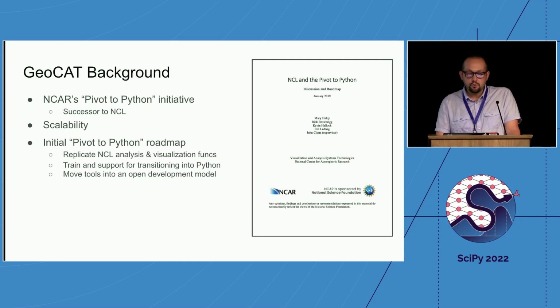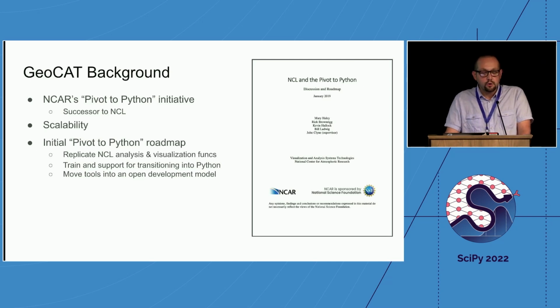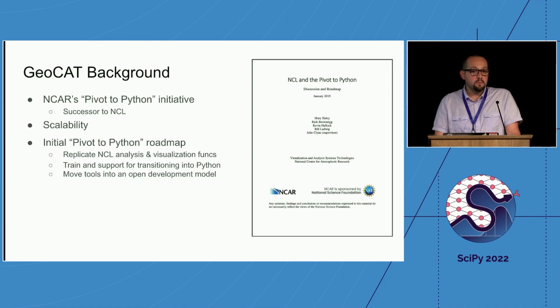And also to train and support mostly the NCL users, but in general, the geoscientists who would like to transition into Python in an easier way, and move tools into an open development model where community involvement is significant.